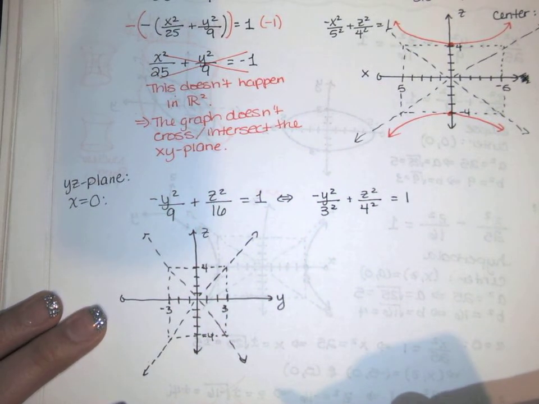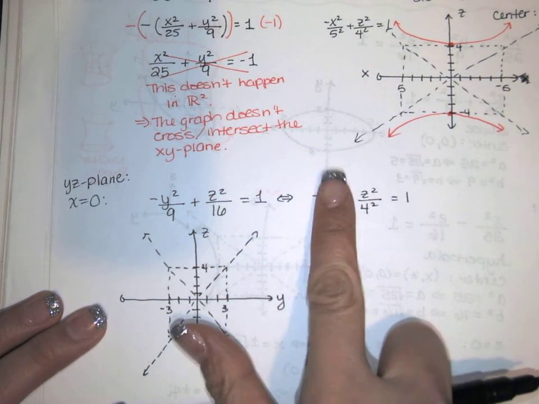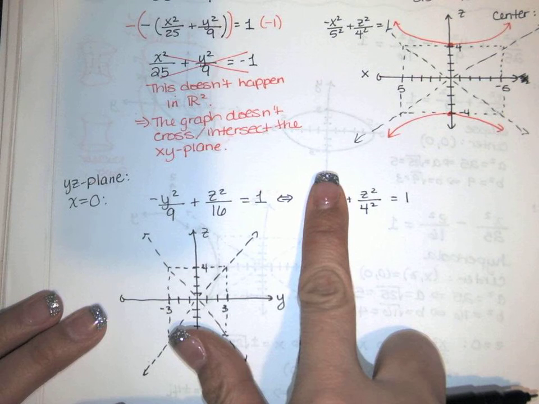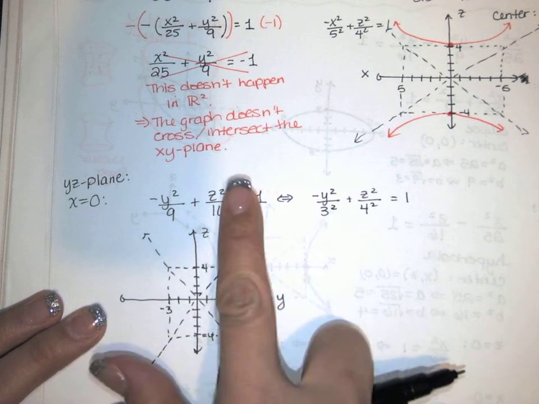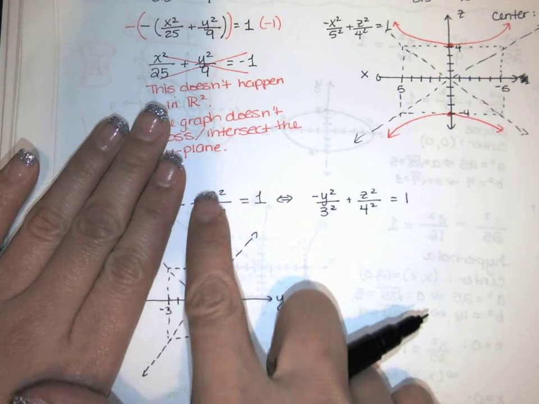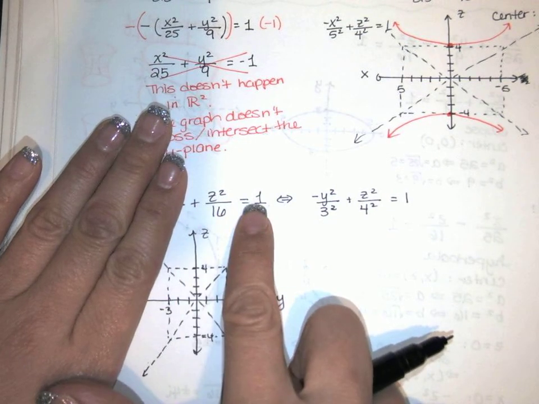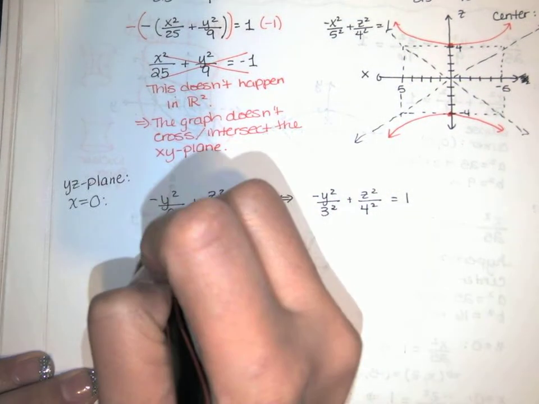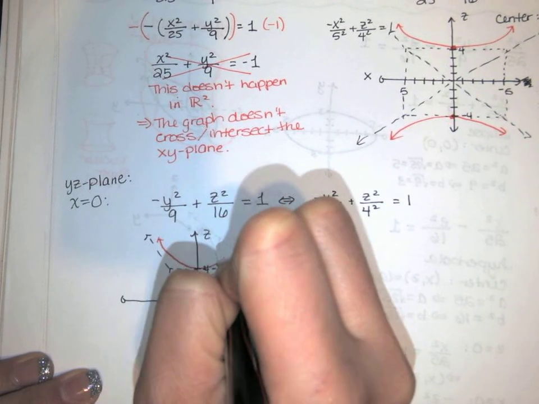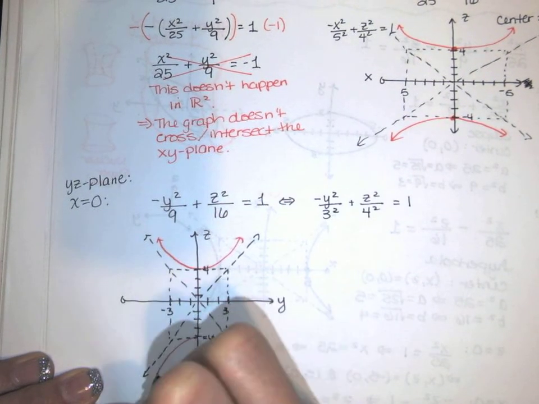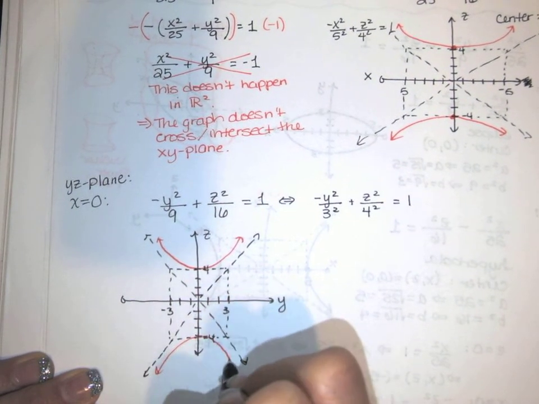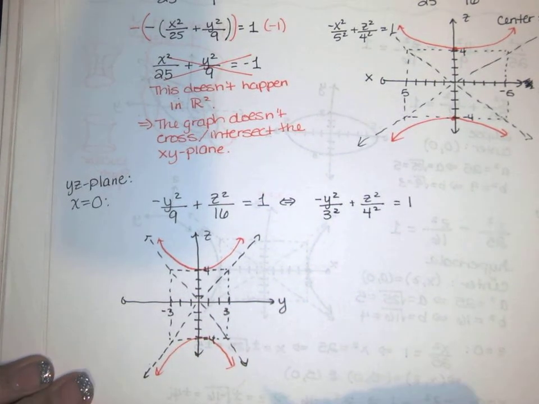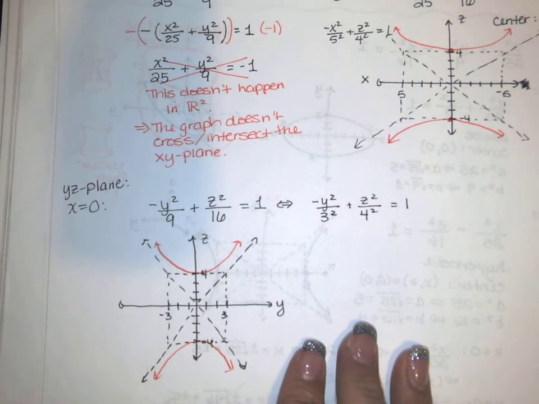Okay, we're here. Now if y equals 0, that's gone, and we get z squared equals 16 again. Or it's better off over here, multiply by 16. Z squared equals 16, so z equals plus or minus 4. The z is positive, so it opens on the positive and negative z-axis, opens on the z-axis rather than the y-axis. And that's what we've got.